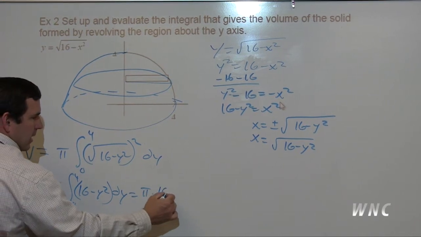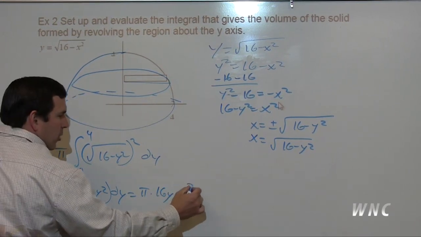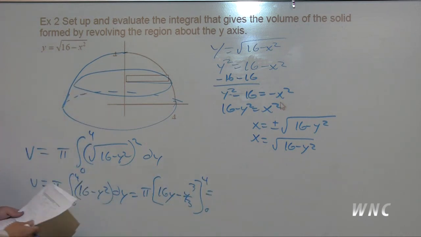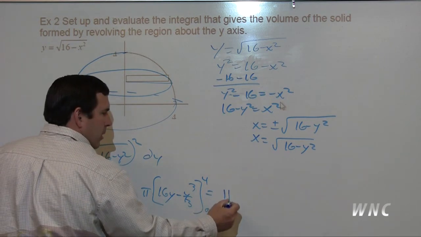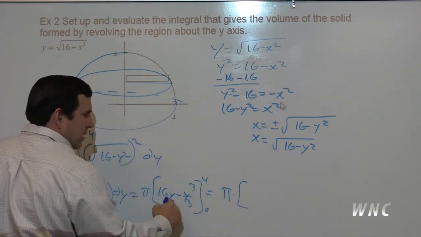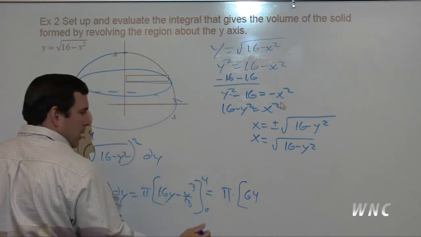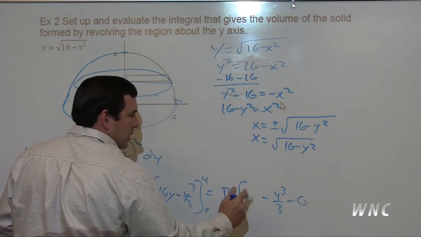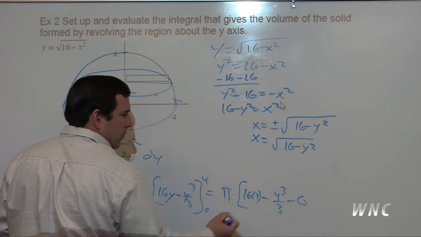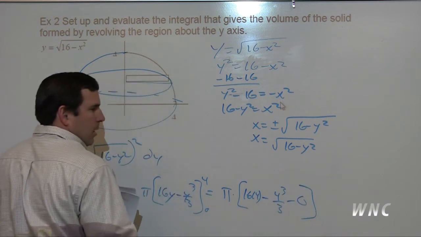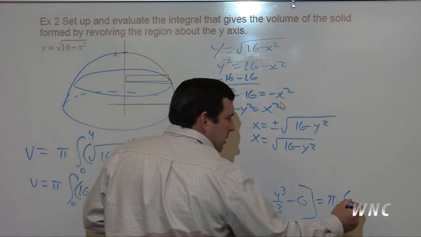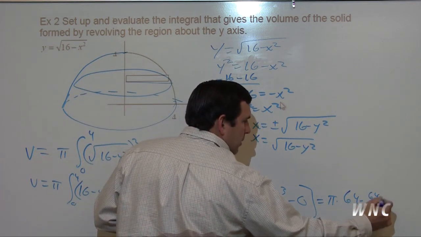Pi times 16y minus y cubed over 3 from 0 to 4. That's going to be pi times 16 times 4, 64, minus 4 cubed over 3, minus the 0. So maybe I should back up and call this 16 times 4. That's going to be pi times 64 minus 64 thirds.